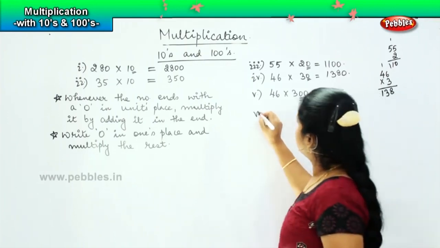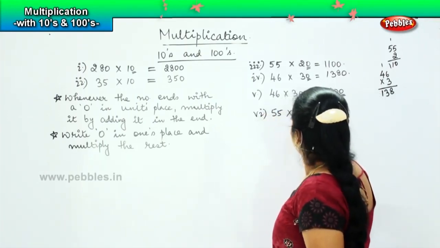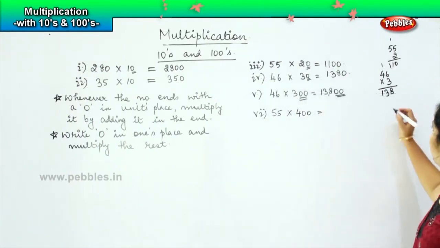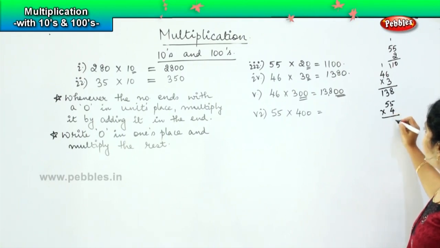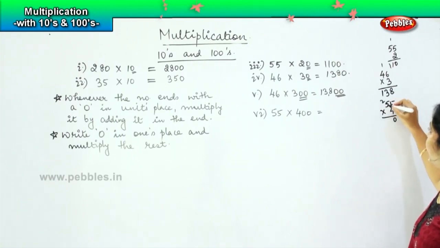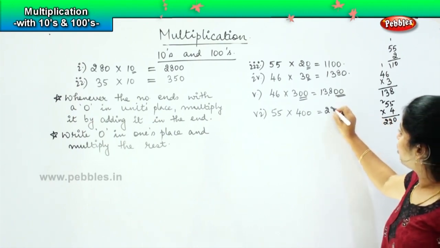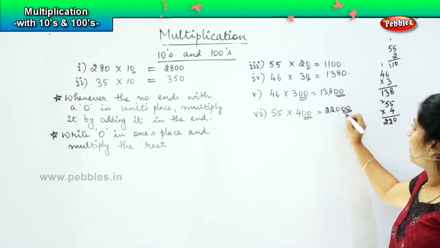Similarly, if I have say 55 into 400. So what will I do? 55 into 4, which is 5 fours are 20, 5 fours are 20 plus 2, 22. So it will be 220 and these two zeros will be added towards the end.